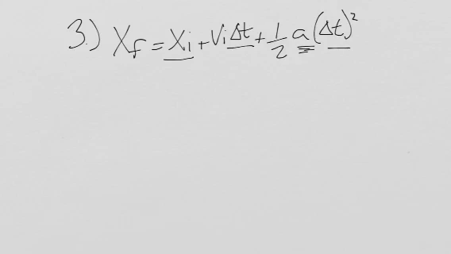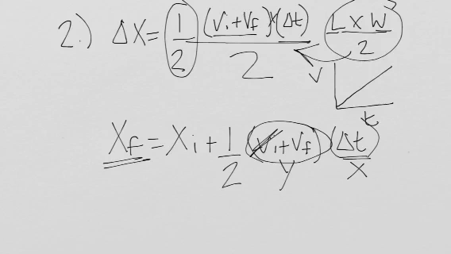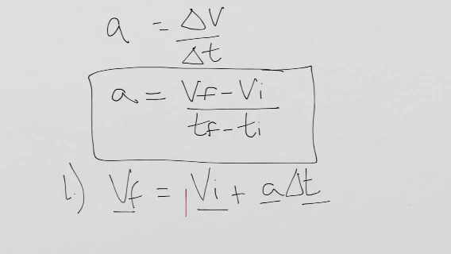So instead of having equation 2 here, where we've got xi plus 1/2 vi plus vf times delta t, we've actually subbed in for the vf here this equation. This is where the acceleration comes from. So that, and the time squared.